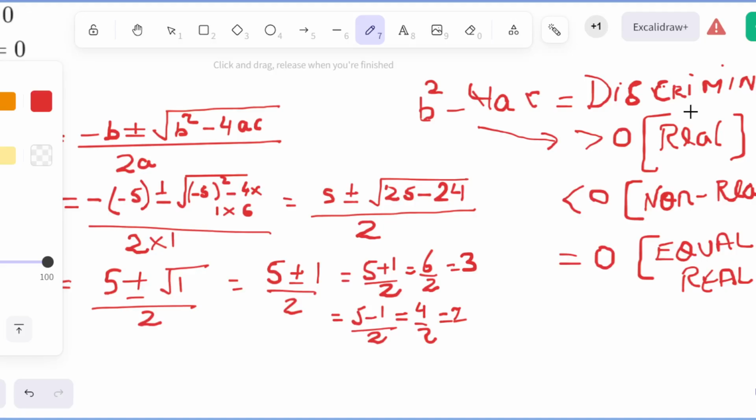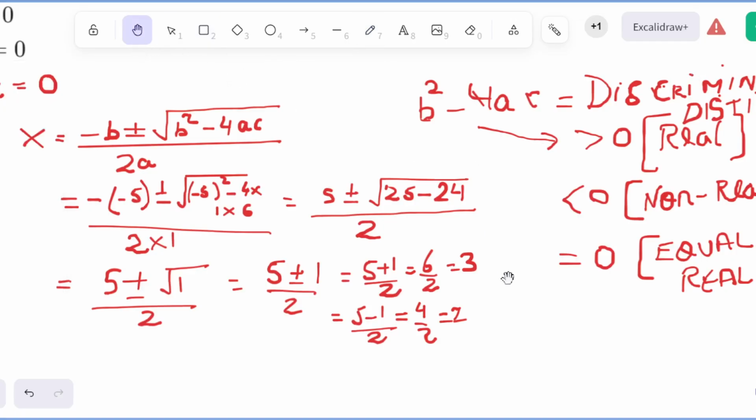You'll get real and distinct. You can add a word called distinct, different. So whenever the b square minus 4ac value is greater than 0, it will be real and distinct. Distinct means different values. When it's equal to 0, you get real values, but both will be equal. Now let's see another example.